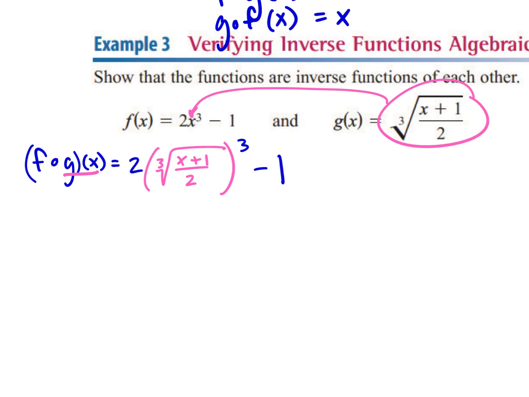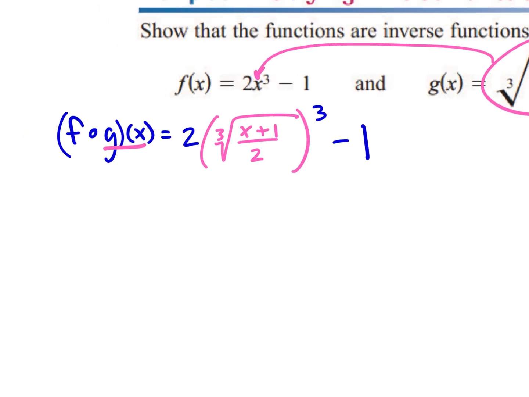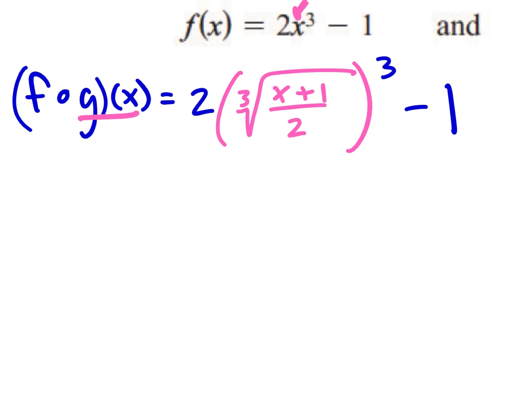Now we have to do some simplifying, see if things are going to undo each other, and see if we're just left with x. So what do we see that'll cancel first here? The cubed root and the cubed. So if you cube root and cube the same thing, they cancel. So we have 2 times x plus 1 over 2 minus 1.